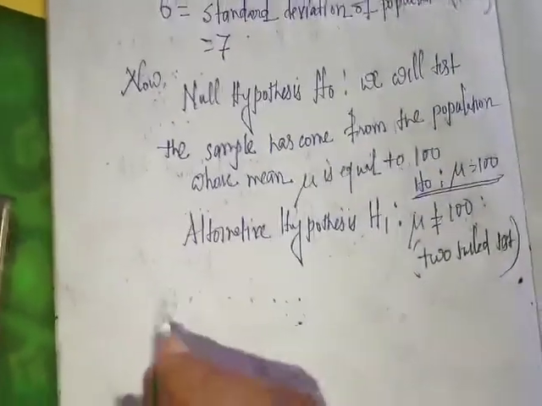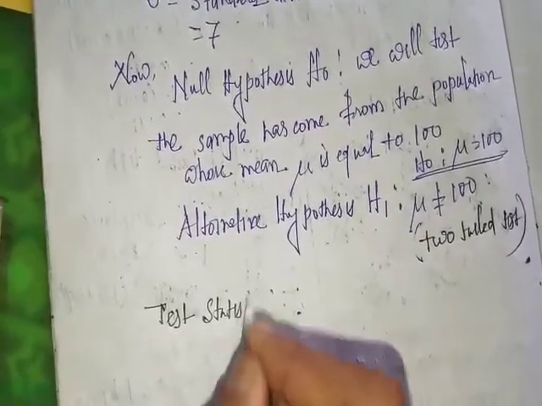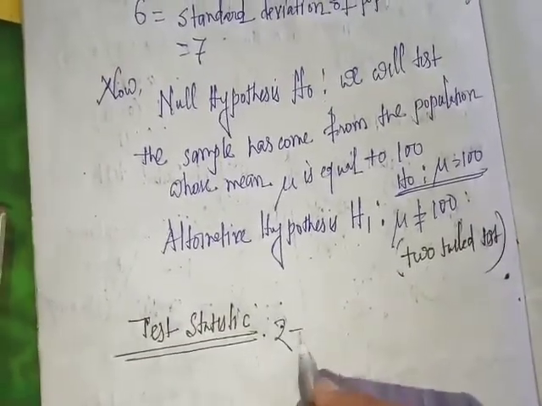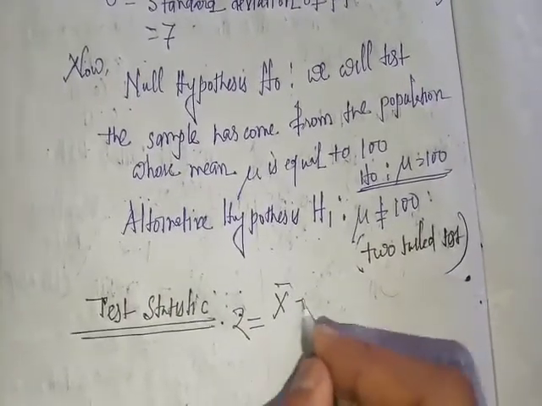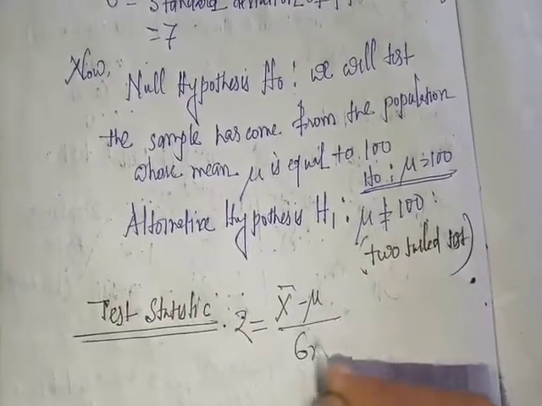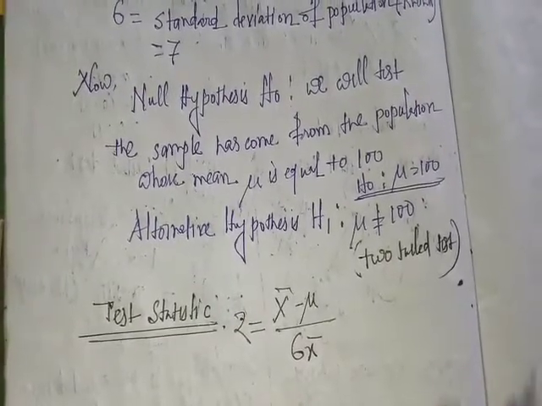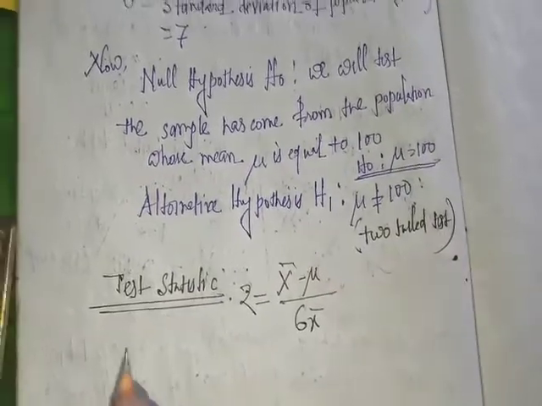Next, the test statistic. The formula of the test statistic for the Z test is Z equal to x bar minus mu by sigma x bar, where sigma x bar is the standard error of mean.